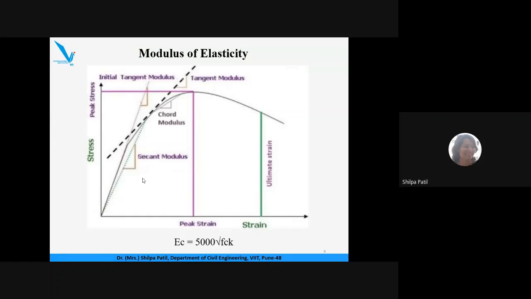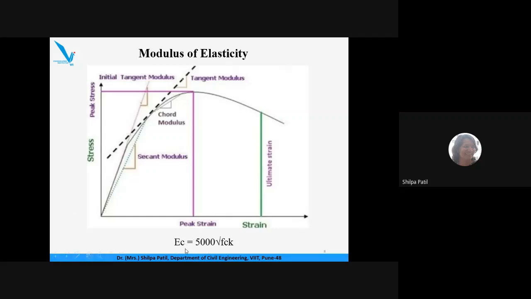Now, both these values we need to correlate with the fck value, because according to the grade of the concrete, I am getting a different stress strain curve for concrete. Okay, from the experiment, it has been found that the short-term modulus of elasticity of a concrete has a definite relation with the cube crushing strength, that is fck of the concrete, and that relation is denoted by this particular formula.